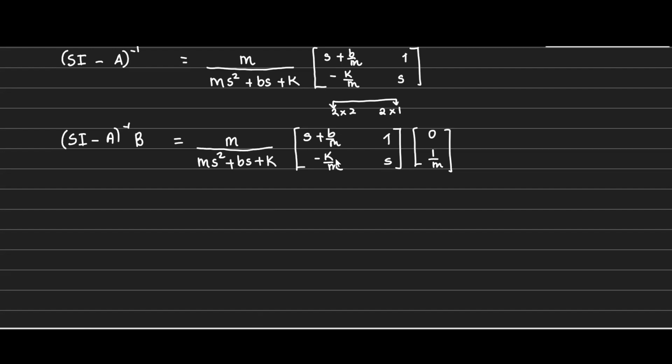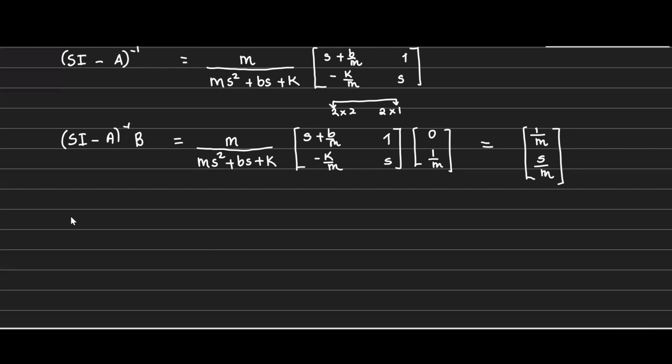So row by column: S plus B over M times 0, that is 0, and then plus 1 times 1 over M. So the first element here is 1 over M. And the next row: negative K over M multiplied by 0, that is 0, plus S times 1 over M, that is S over M. So the product of these two matrices is given by that.